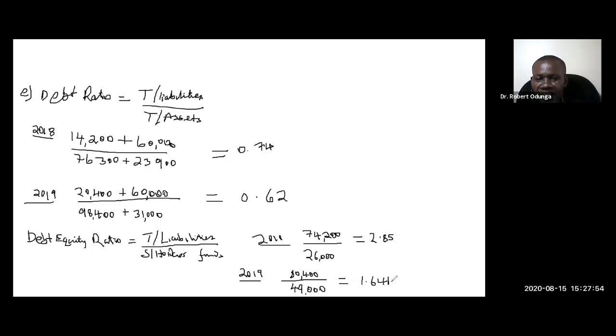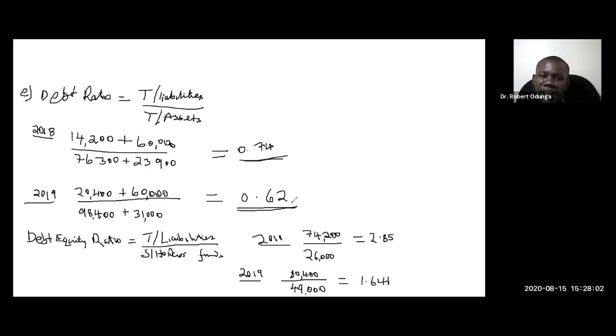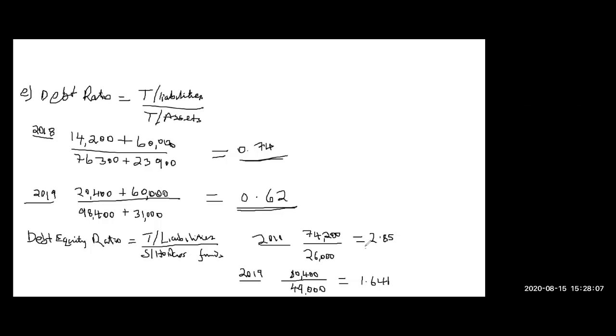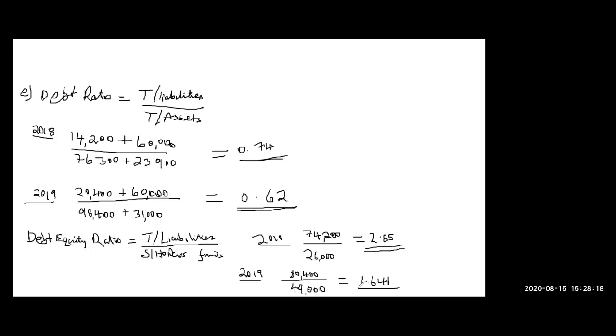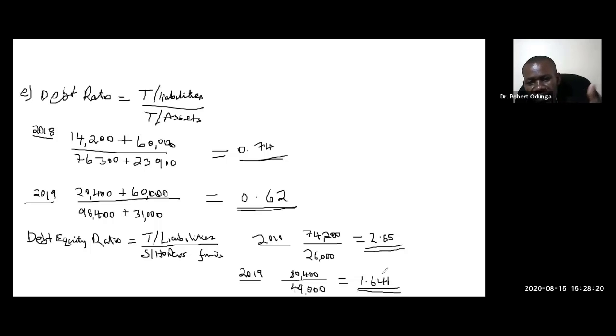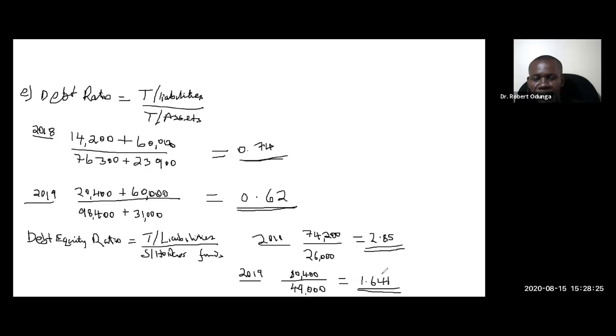So you can see this is aligned to what we had here, right? Because even here we said we are doing better because we have a lesser percentage of debt in our balance sheet than in 2018, and the same applies here. So you can see our gearing ratio is still being reflected across similarly. That's why I said you don't just compute one ratio and then conclude.